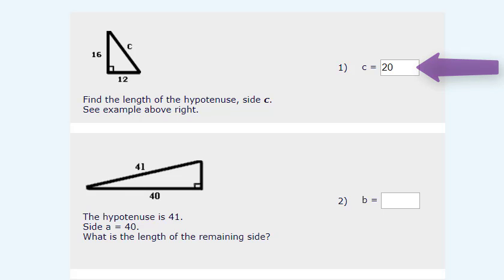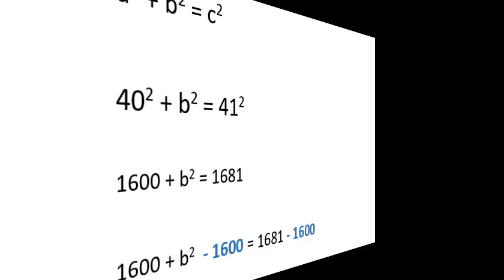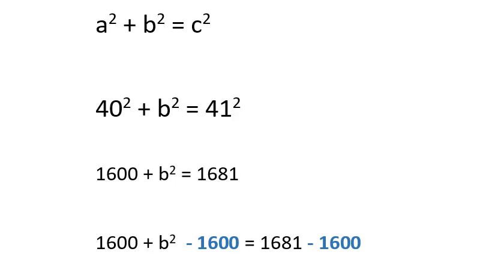Let's try the second problem. The hypotenuse is 41. It's the longest side. One side is 40. What is the length of the remaining side? It's going to be a considerably smaller number. How would we do this problem? We start off with the standard Pythagorean theorem formula.